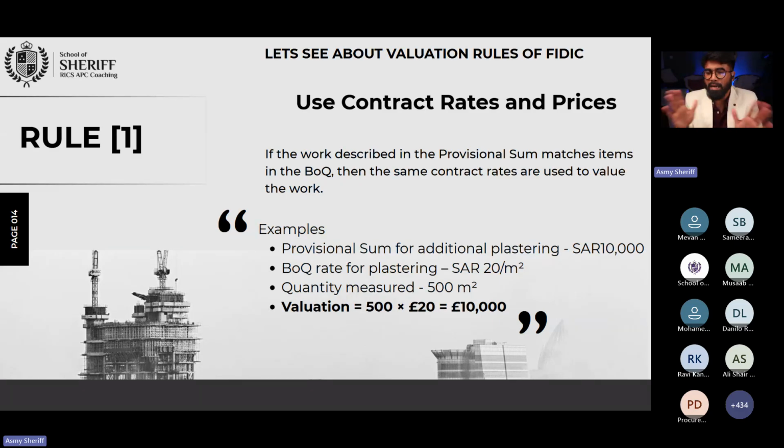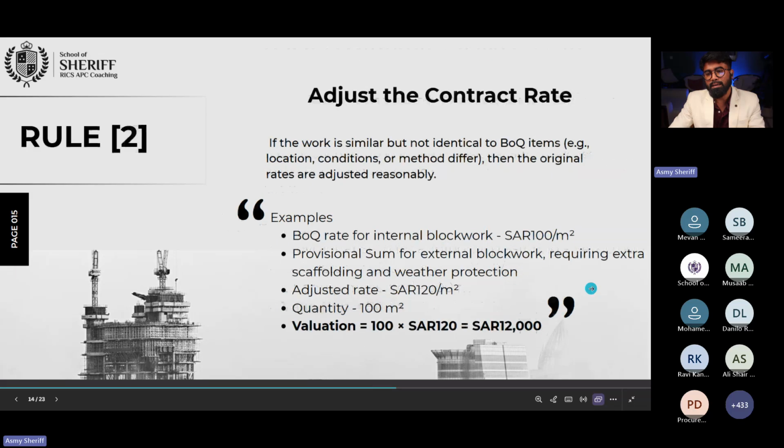Very simple, straightforward. You calculate the area, match the item with your BOQ rate, multiply and go ahead. That's what we call the first rule: use contract rates and prices. Right? It's very simple. Who is going to tell me that they never practiced that? Of course, you all practice that work.